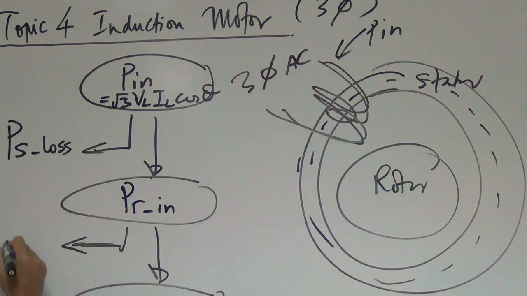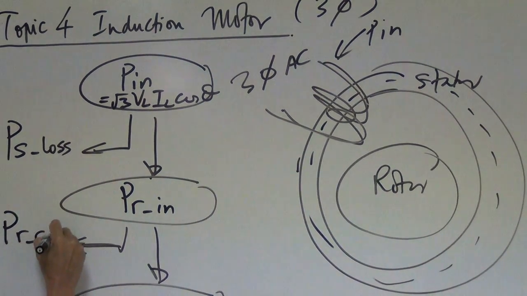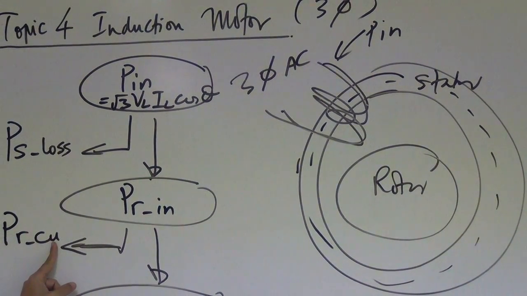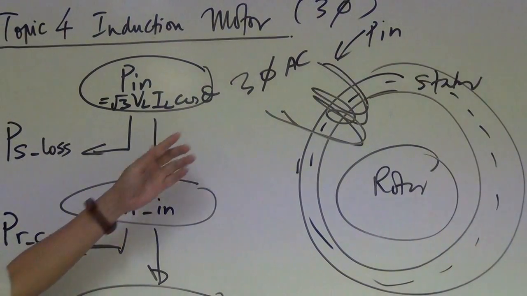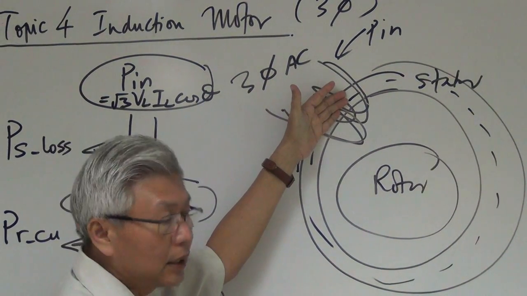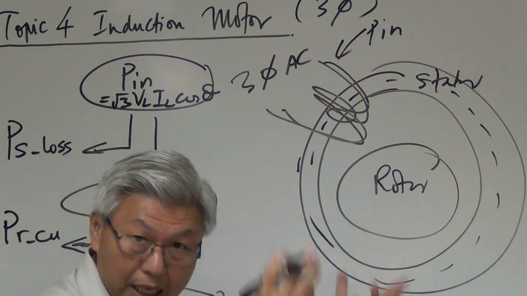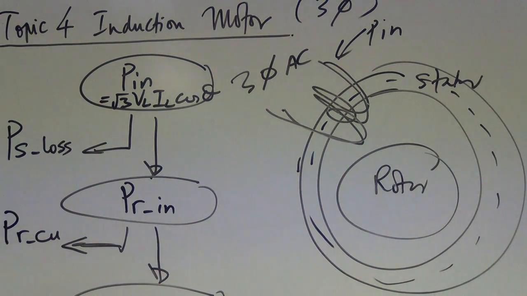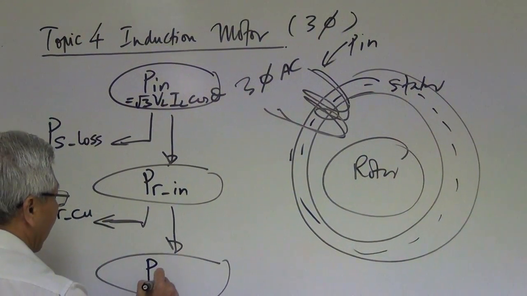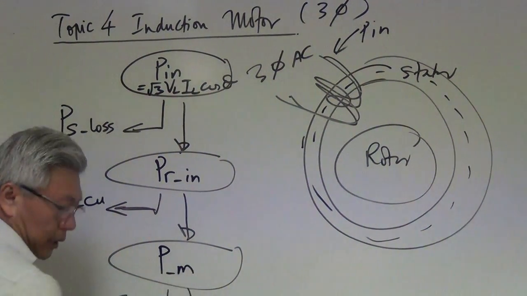So we say the loss here is called the rotor copper loss. Cu stands for copper. So the rest of the energy, after the losses, goes to the rotor. The rotor after the losses becomes the developed power. In our DC motor, we call it developed power. But in an induction motor, we call it gross mechanical power.